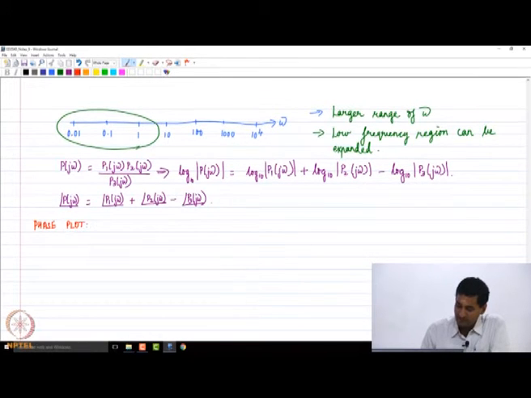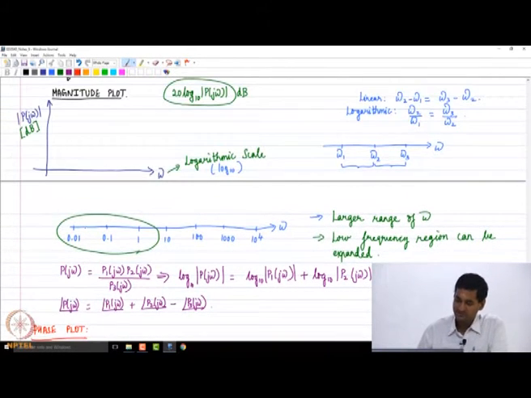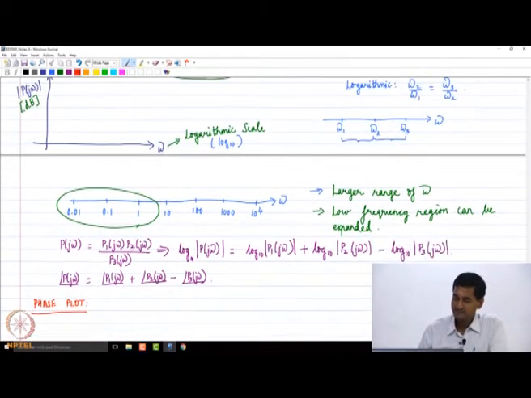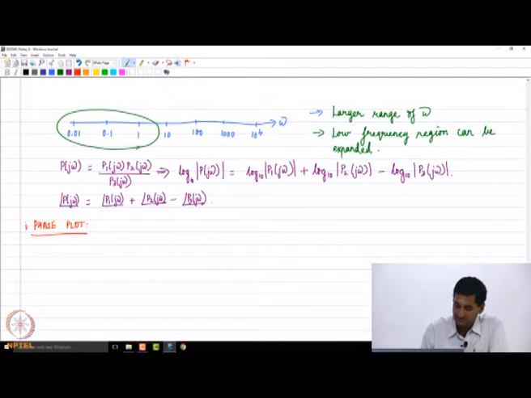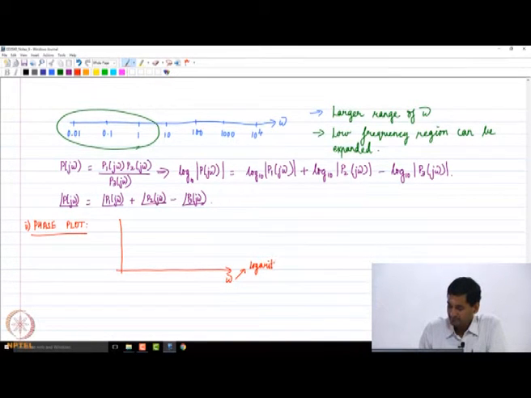So this Bode plot has two plots. First is the magnitude plot. Second is the phase plot. What is the phase plot? In the phase plot, once again, omega is plotted on the abscissa using a logarithmic scale, and the phase of P of j omega is plotted in degrees using a linear scale.